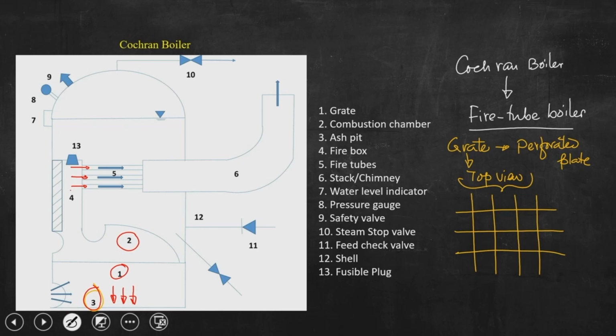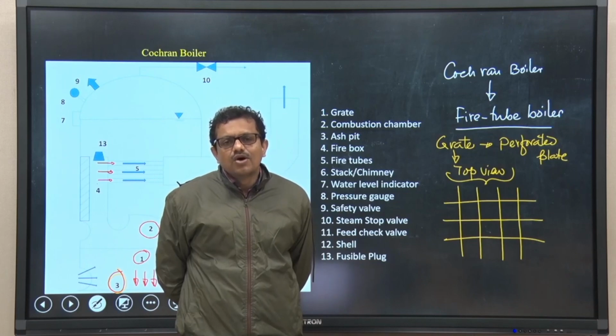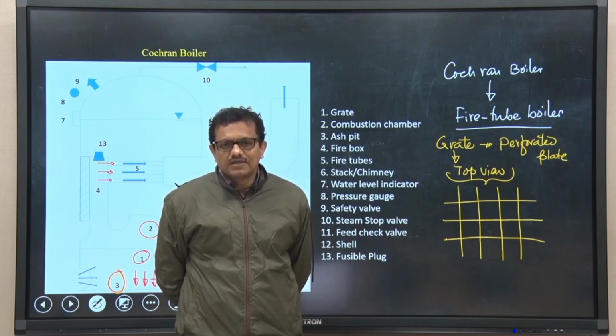Another important aspect, let me discuss here only. The tubes are there only to allow flue gas to flow, while water is taken through the shell. Now, you know by this time that boilers are devices operated at high pressure.